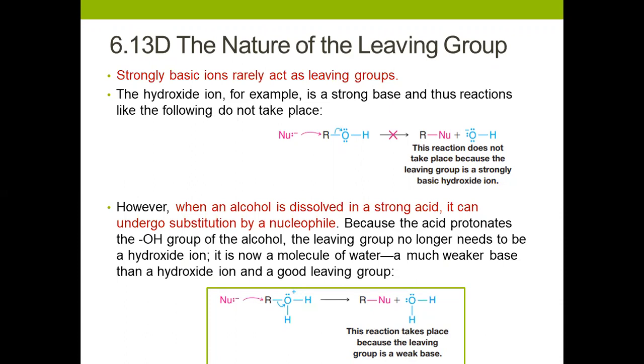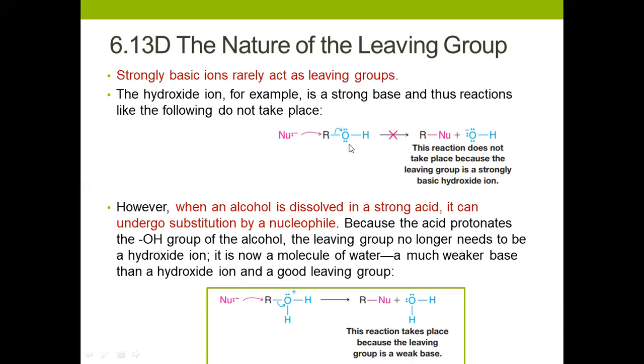For example, OH is a very strong base. It rarely leaves the substrate. You see here there is an X: it doesn't leave to form OH- with the nucleophile attacking.